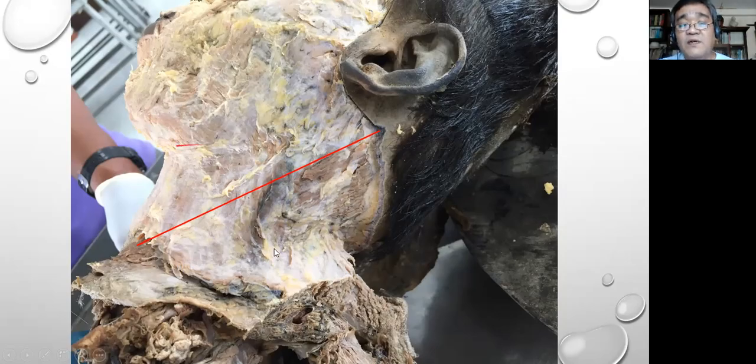So this would be the demarcation for your anterior triangle: the anterior border of the sternocleidomastoid muscle, the inferior border of the mandible, and an imaginary line running vertically to the midline of the neck. And this is your posterior triangle.